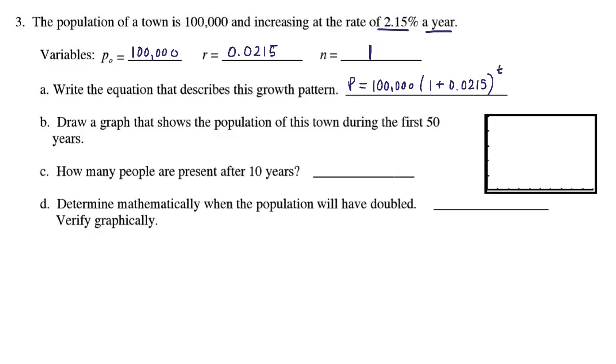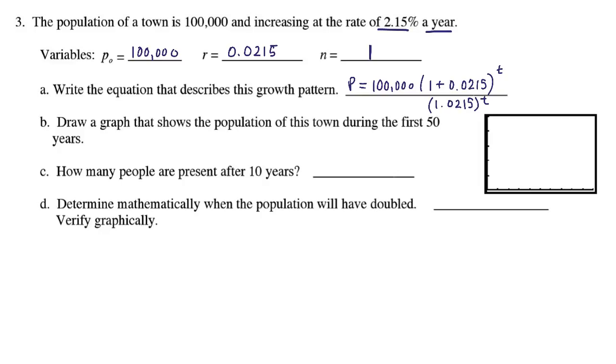And again, you can condense this inside the parentheses and make that 1.0215, all raised to the t power if you want to. And now again, draw a graph representing the town during the first 50 years, and we can come back to that. It's still going to look the same.